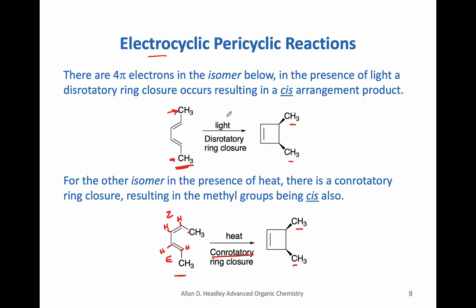Next, you'll have to determine the reaction conditions, heat or light. Then you carry out your ring closure to make sure that it's symmetry allowed, that the orbitals overlap to form the new bond.